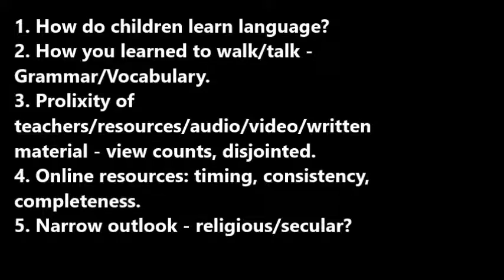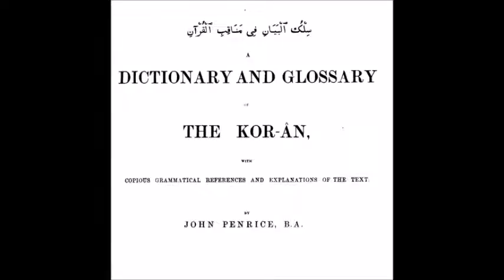In fact, my intent is to give you every single word in the Qur'an, and I'll show you the resource I use. And I'll also give you the top 1,000 secular words. So here is where I'm going to take my sources. Number one, for the Arabic words, I'm going to give you the book that is about 160 pages long, and it's written by an individual called John Penrice.